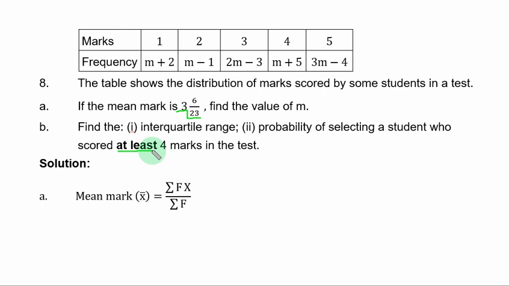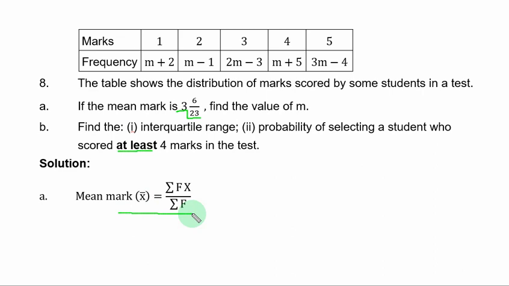To get m, you use the mean formula since the mean is given to you. If we are to maintain the table the way it is, you simply add a row for fs. You take the marks as s, frequency is f.